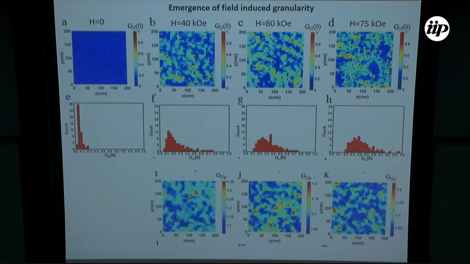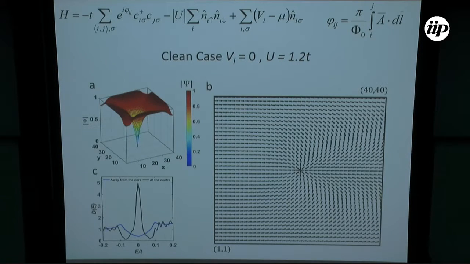Regions where this zero bias conductance is higher correspond to the region where you have the vortices. You see an anti-correlation here between this map and this map, which is the coherence peak height. So wherever the zero bias conductance is high, your coherence peak height is also suppressed. Now, to make sense of this, we, along with our colleagues, did some numerical simulation.